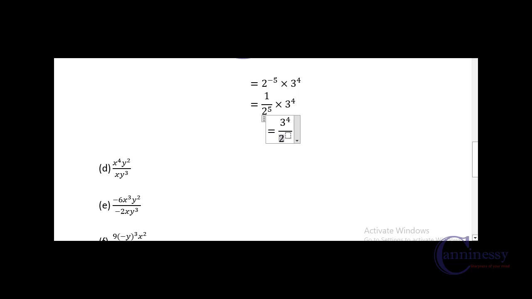So this will be our final answer, that is 3 to the exponent 4 divided by 2 to the exponent 5.